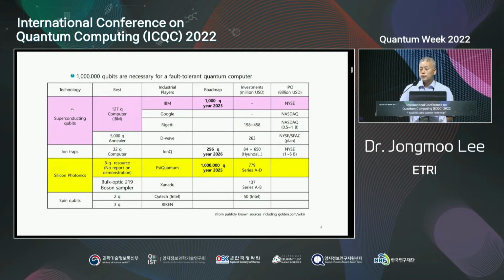The most popular one is the superconducting qubit, but recently silicon photonics is attracting people with the vision of preparing a large number of qubits by fusion operation of the photons. So we are also working on this silicon photonic qubit toward a large cluster state of photons.